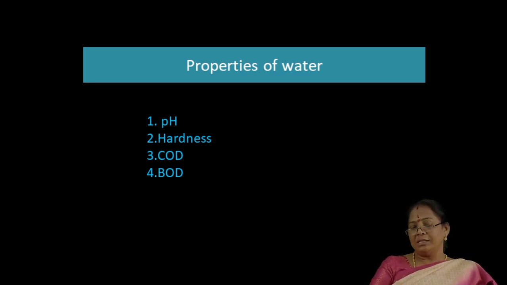Then hardness. What is hardness? Hardness means calcium and magnesium substances, calcium chloride, calcium sulfate, magnesium sulfate, are dissolved in excess in the water. Chemical oxygen demand and biological oxygen demand are discussed in detail in the next slides.